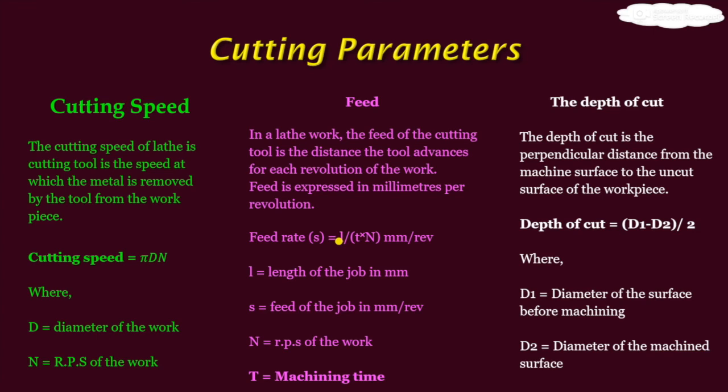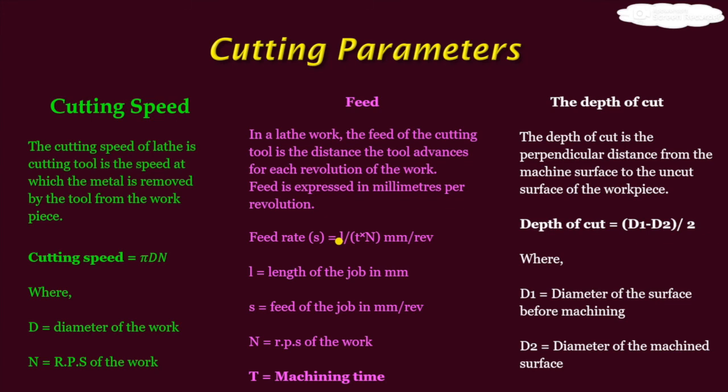And quite naturally, if cutting speed, feed and depth of cut are all high, then machining will be performed fast. But if we give all these parameters high, then the tool may be damaged very fast, and if these parameters are very small, then the machining time will be more and more.